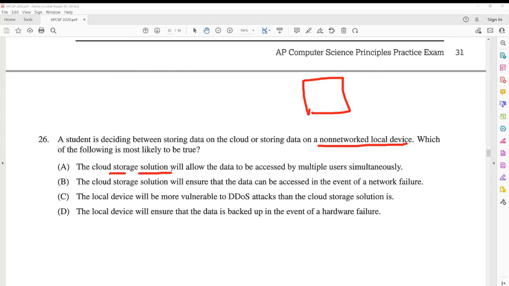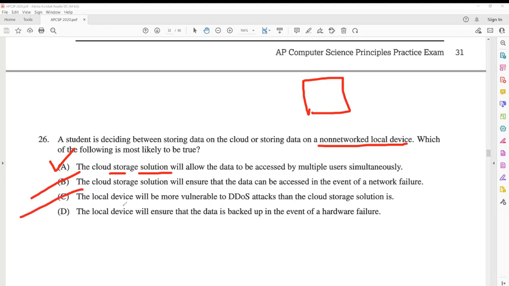The cloud storage will allow data to be accessed by multiple users simultaneously. Yes, this one is true. A local non-network device will not. Second one, the cloud storage will ensure data access in the event of network failure. No, with network failure, nobody can access it. Local device will be more vulnerable to DDoS.